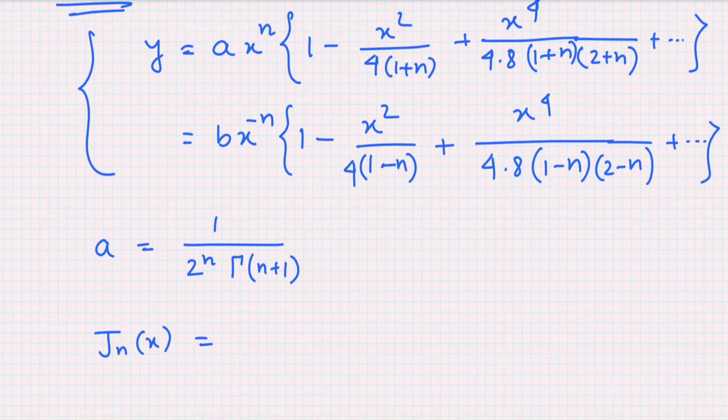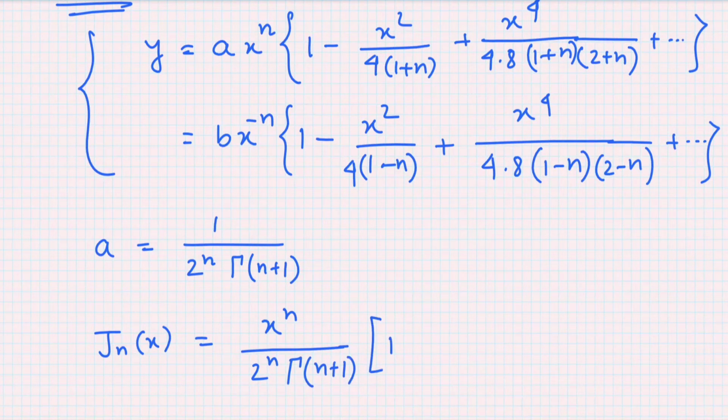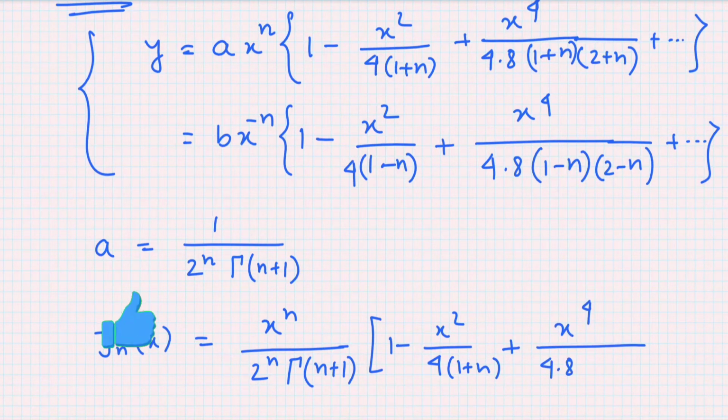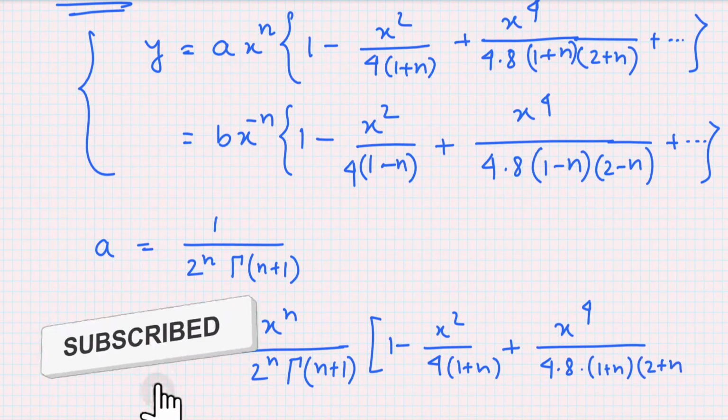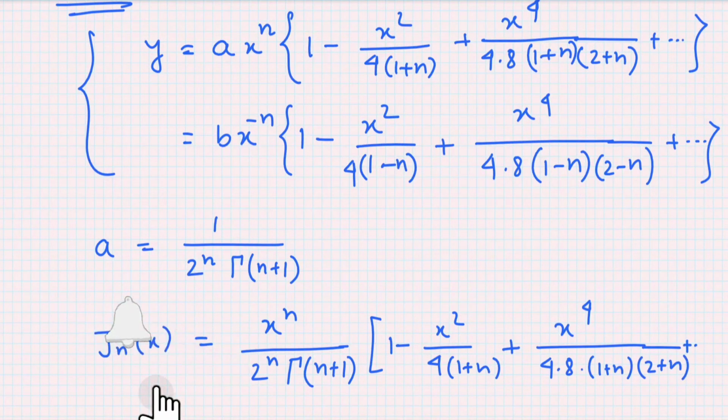It is written as x power n by 2 power n gamma (n plus 1) into the first series: 1 minus x square by 4 into (1 plus n) plus x power 4 by 4 into 8 into (1 plus n) into (2 plus n), and so on.